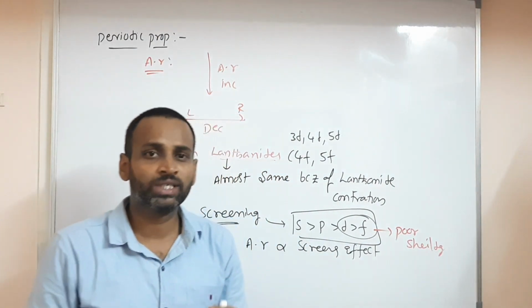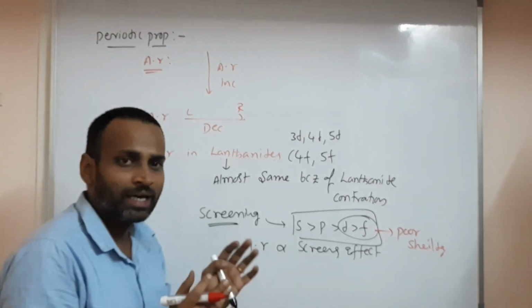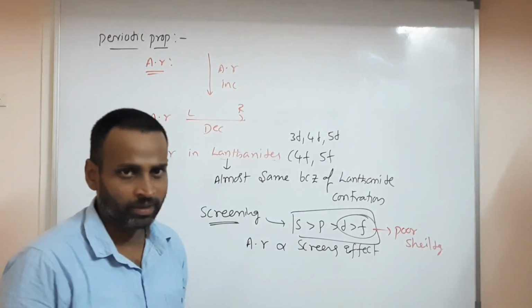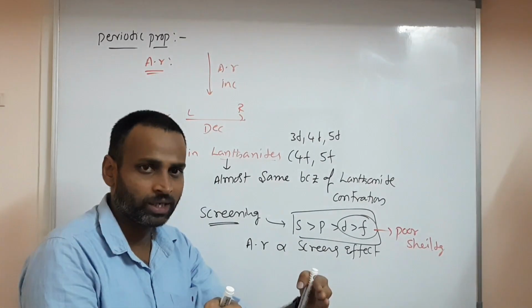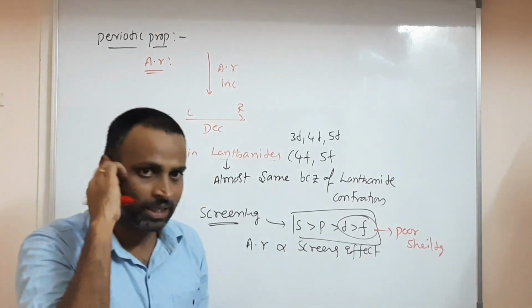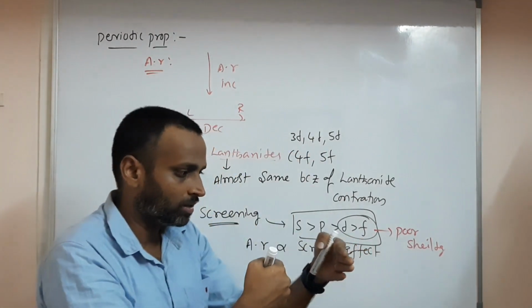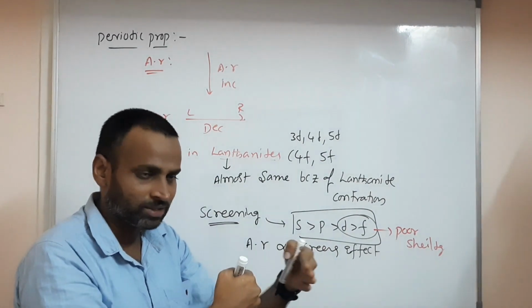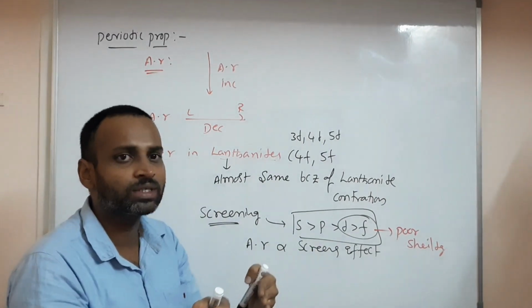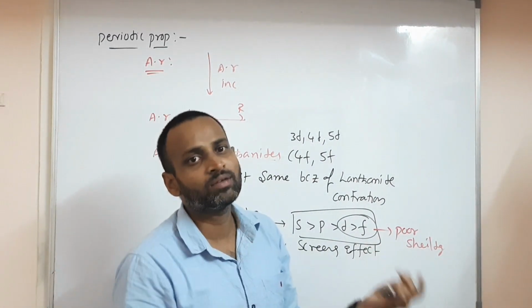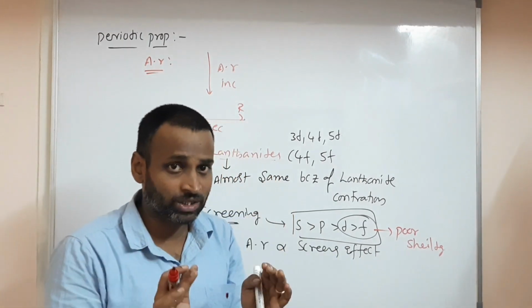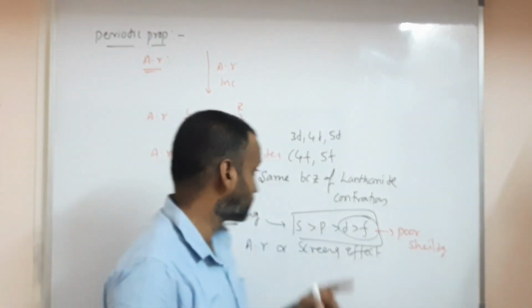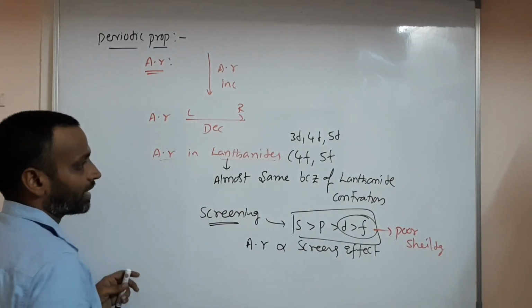Due to the poor shielding effect, what happened? They are not protecting properly. That means the inner subshells are not protecting the outer subshells properly. Certainly all elements have a small radius because outer electrons come towards the nucleus, so all have similar radius. That decrease in radius is called lanthanide contraction.